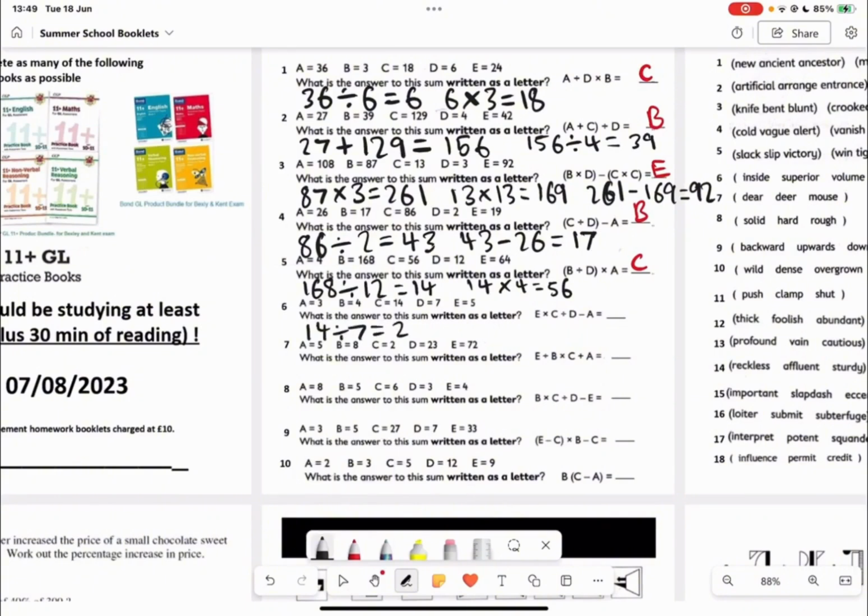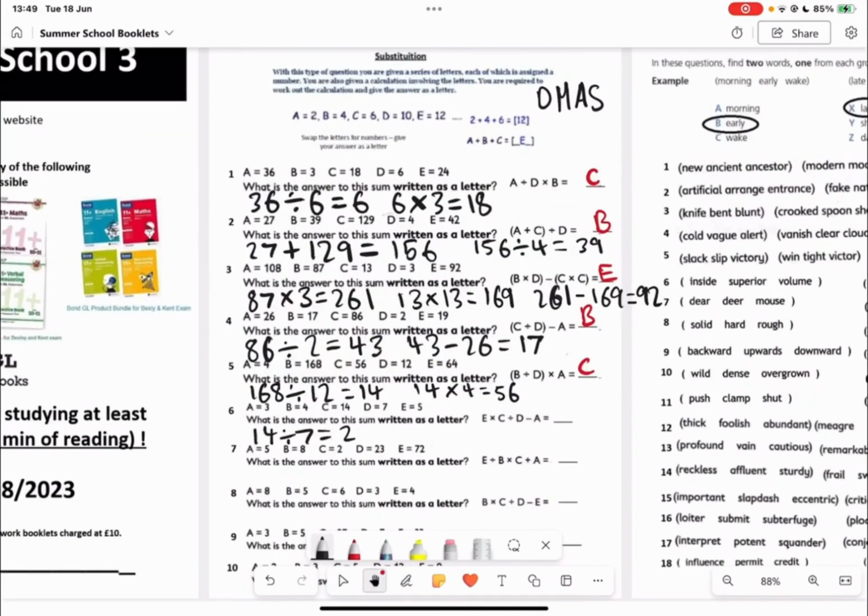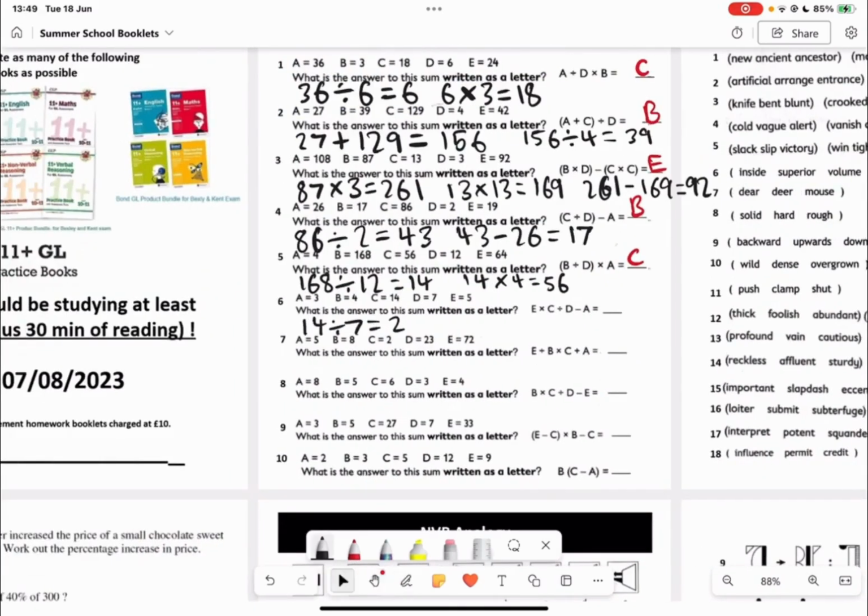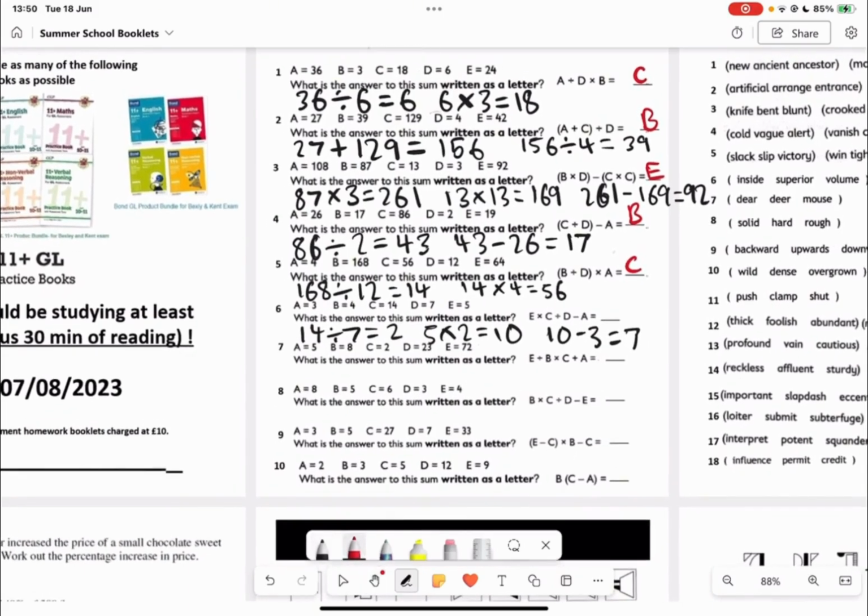So we're doing 5, and then we look at the multiplication. So then we do 5 times 2, which is 10, and then we're doing 10 minus 3, which is 7. And that achieves our answer, which will be D. So the answer to question 6 is D.